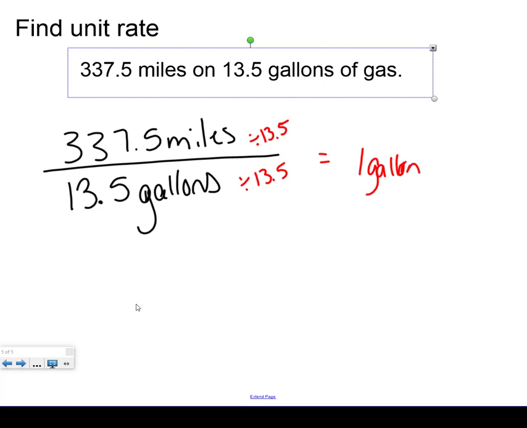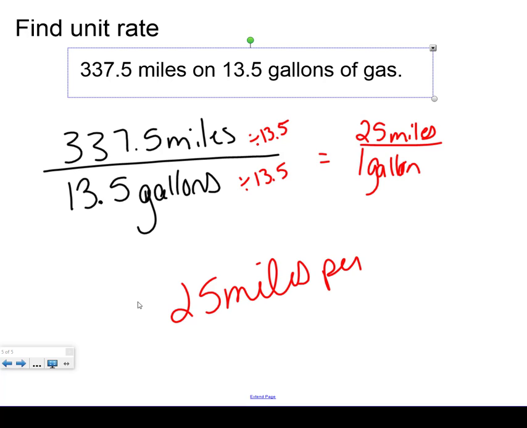And the top, the 337.5 miles divided by 13.5 gives me 25 miles. So what did I find? I found 25 miles per gallon. Per has to be used when we're doing a unit rate. Final answer.